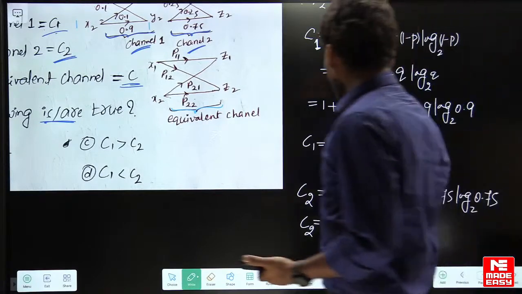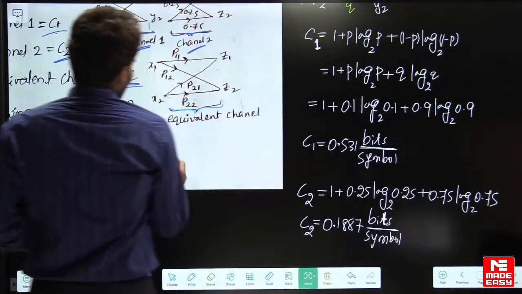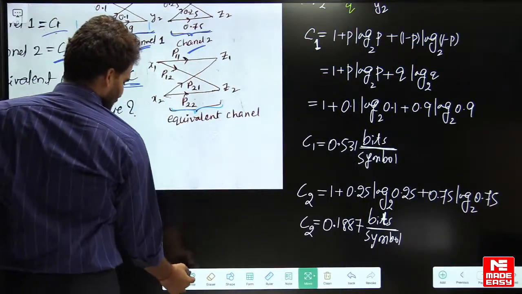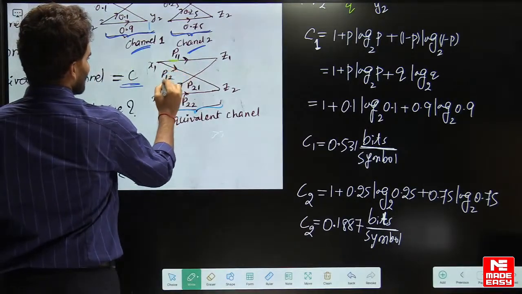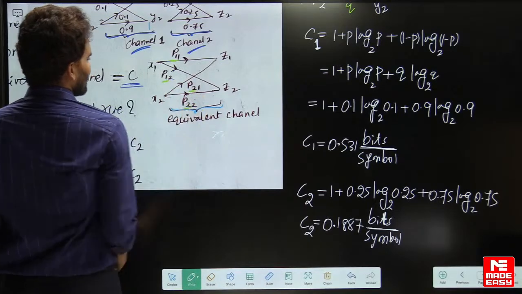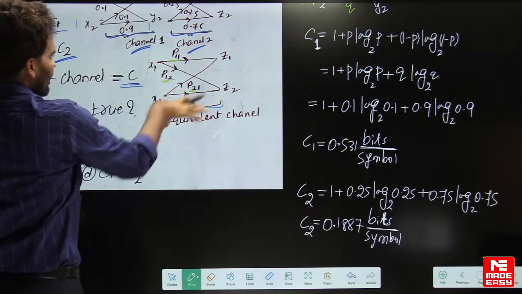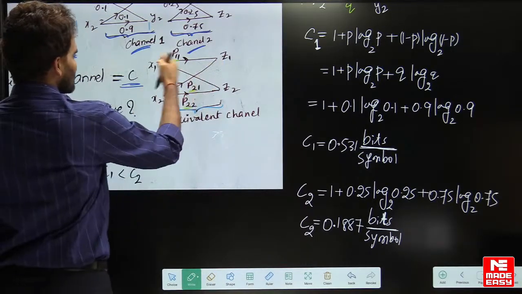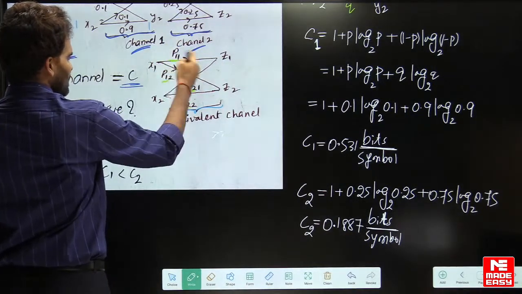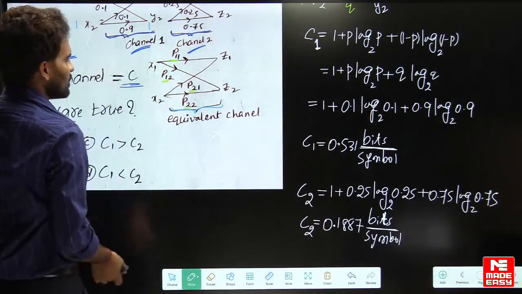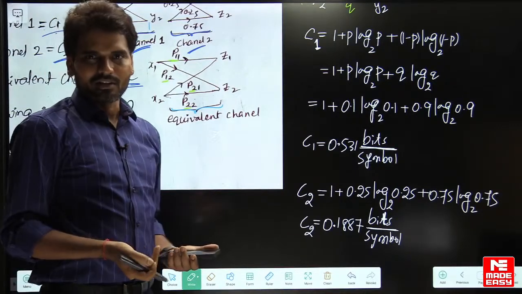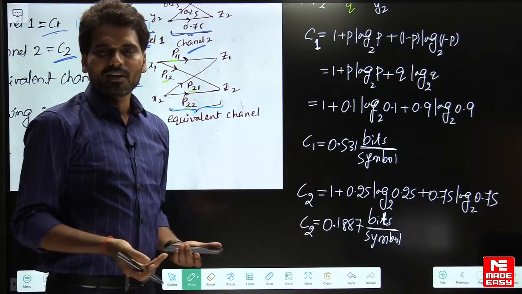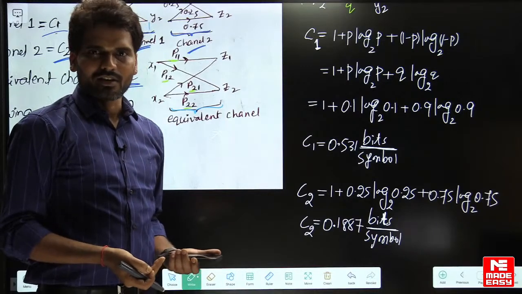Okay, let's see. Next, let's first find the equivalent channel, meaning we have to find the transition probabilities, the equivalent channel diagram. These are the p z by x conditional probabilities we have to get. The equivalent channel matrix is also called the conditional probability matrix.